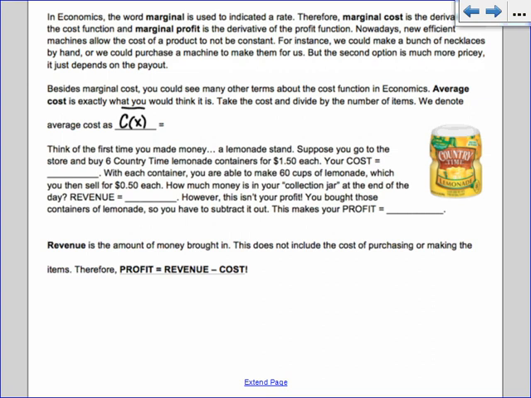Do you like that, C bar? What it is, is taking the total cost and dividing by the number of items. Okay, so if everything cost $1,000 and you only made 10 of them, then the average cost would be $100 per item.